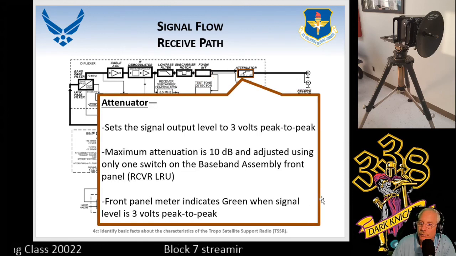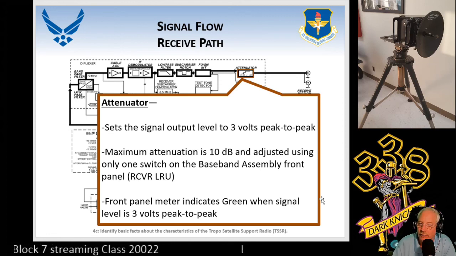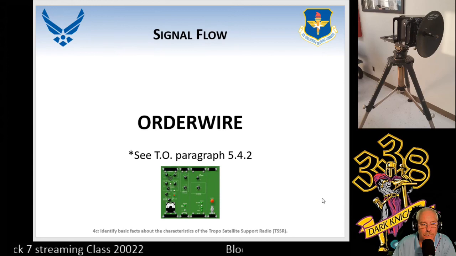We're going to go through an attenuator. With this one, however, it's only 0 through 10. And it's not going to require as much to attenuate to get that 3 volts peak to peak out. Again, you're going to have to look at your green meter or the meter to see if it's in the green to verify that it is 3 volts peak to peak.